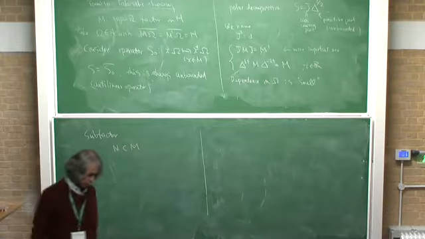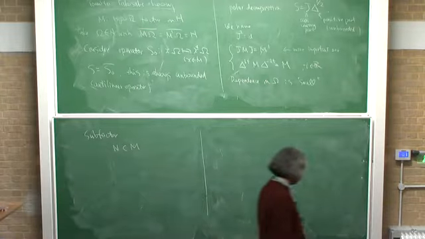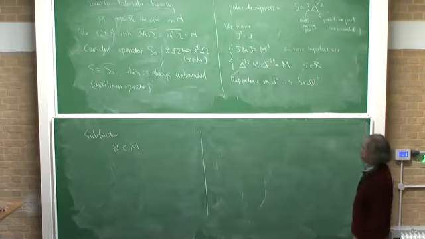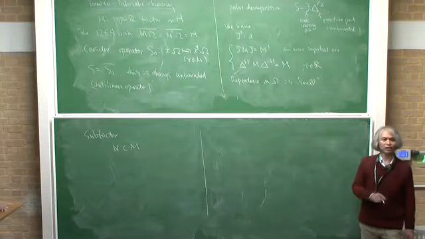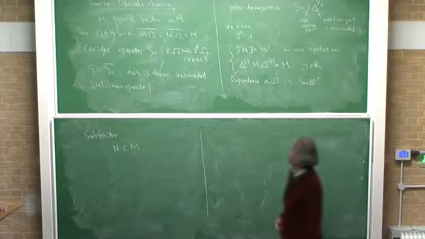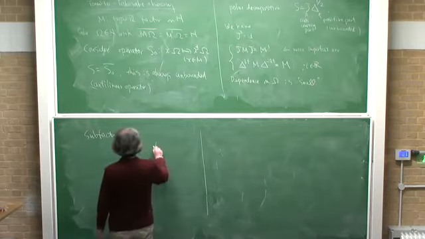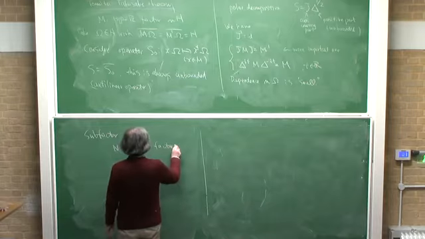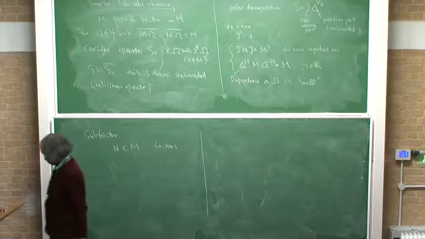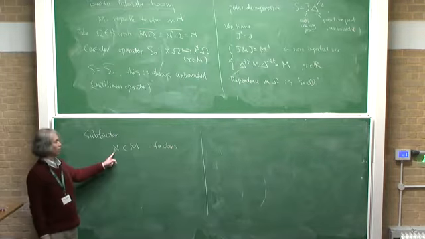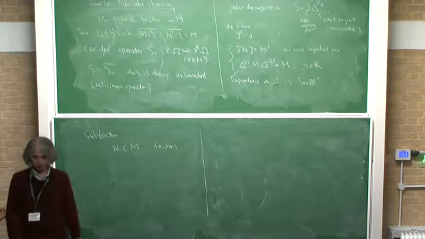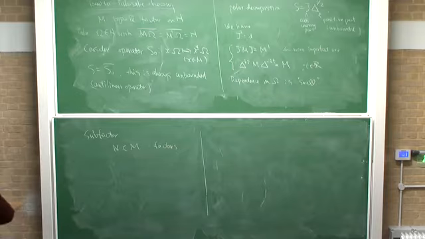By definition, a subfactor means a von Neumann subalgebra N contained in M, where N and M are both factors. In this case, we say N is a subfactor of M. So this is the setting of subfactor theory.